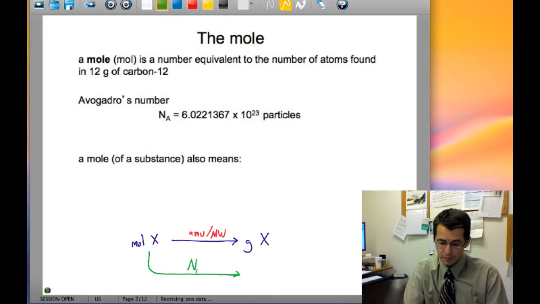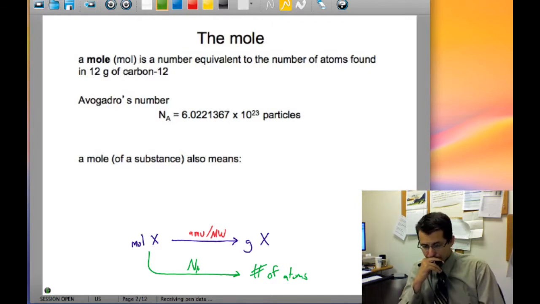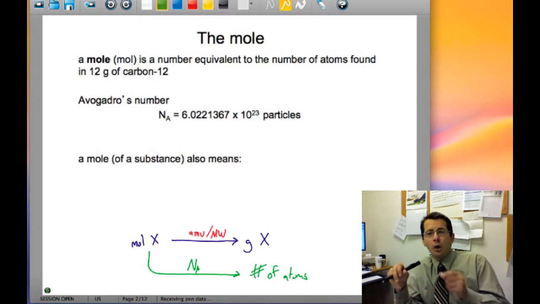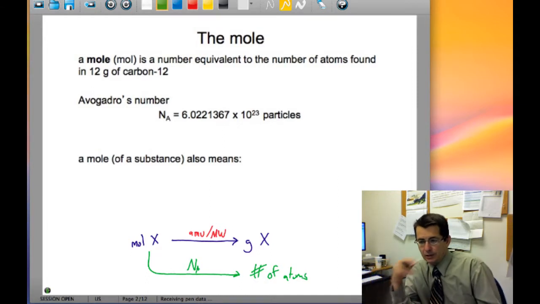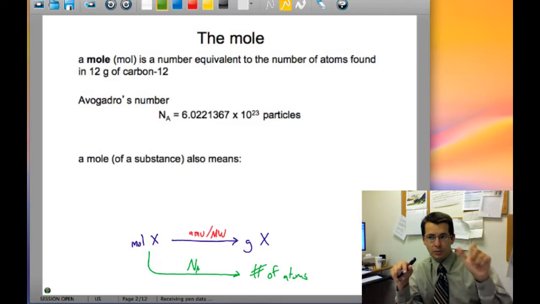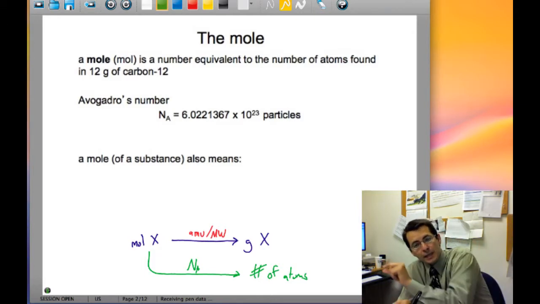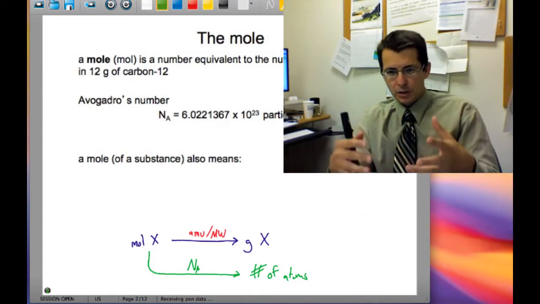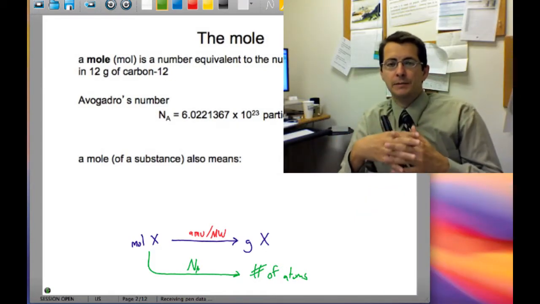Using Avogadro's number, we can relate that to numbers of atoms. So what this allows us to do is to relate all the way back down to the molecular level. We can go from grams into moles using the molecular weight, and then drag that all the way down to numbers of atoms. Now we can start counting atoms if we so desire.